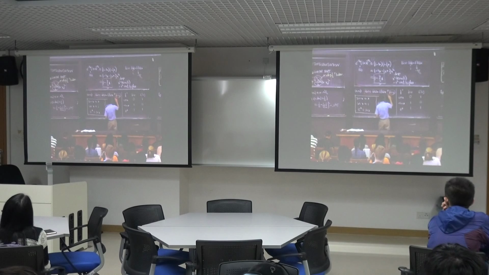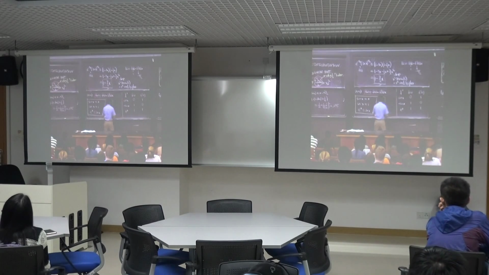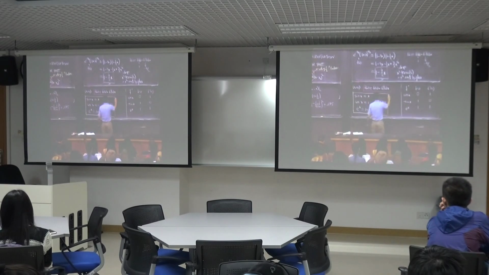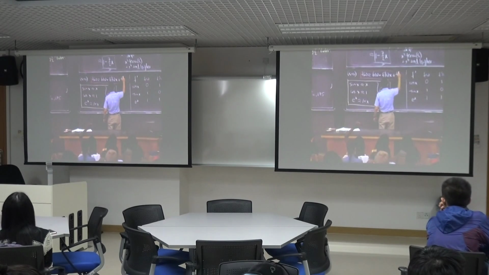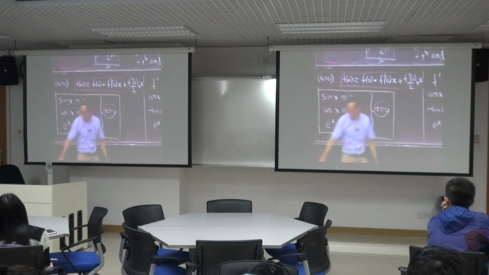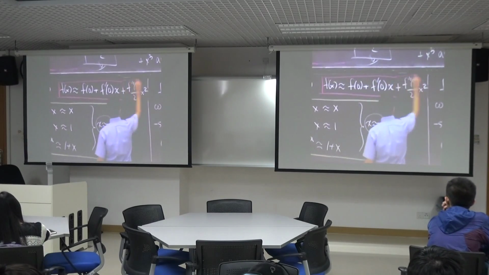And let me do it for the x approximately 0 case. So first of all, I want to add in the extra term here. All right, here's the extra term for the quadratic part.